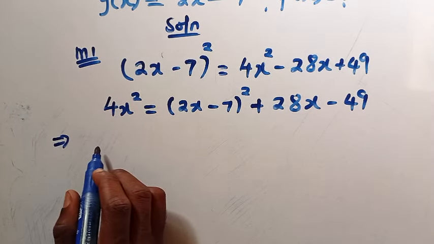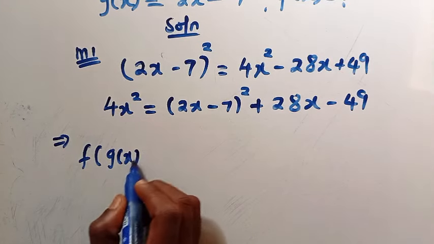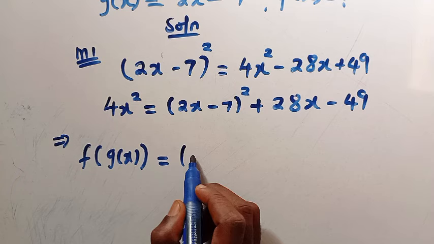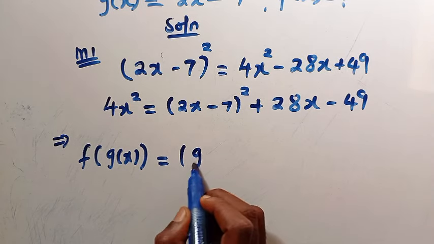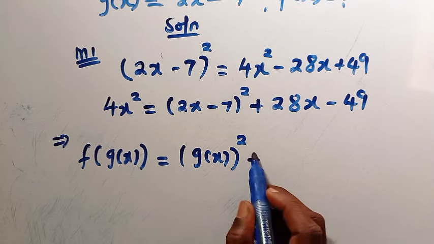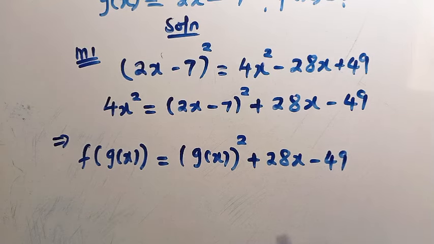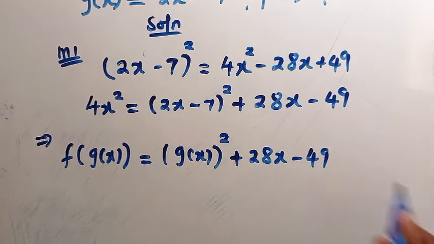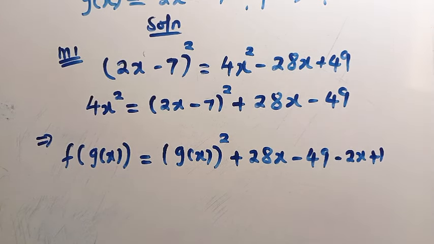This implies that f of g of x will be equal to, instead of 4x squared, we replace it with 2x minus 7, known as g of x, all squared, plus 28x minus 49. But it doesn't end there. We still have to include minus 2x plus 1.